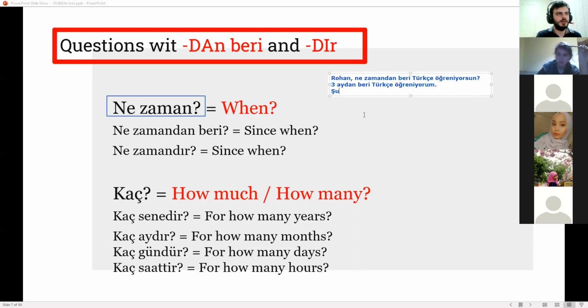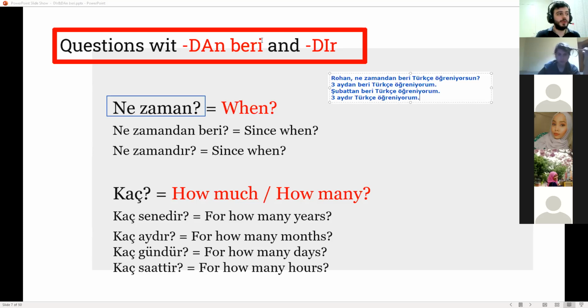So let's make it Şubat. Şubat'tan beri Türkçe öğreniyorum. And you can also make another sentence talking about the period, but this time you don't have to use dan beri. You can also use dır. It would be 3 aydır Türkçe öğreniyorum. That's the idea. So ne zamandan beri, ne zamandır is exactly the same. Tamam.